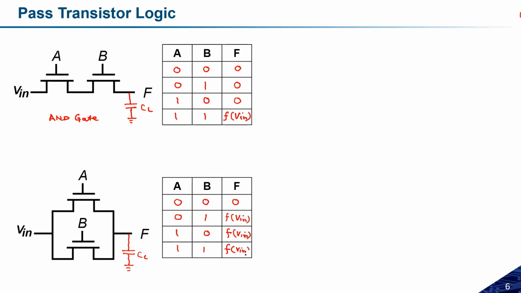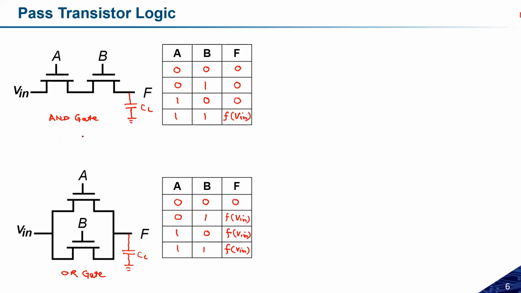So how will this structure look? Can anyone suggest? OR gate. Yes, this looks like an OR gate. Now remember, if I have to design an AND gate based on the CMOS structure, I need a NAND gate and then pass it through an inverter.